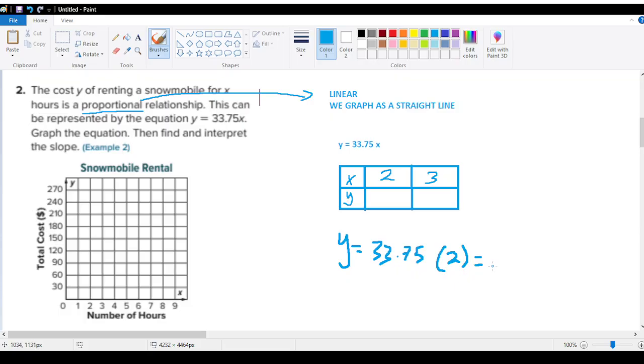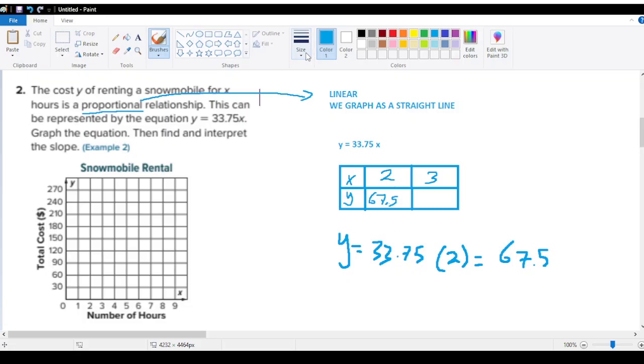I think it will be 67 point what? Point 5. Okay, let's write it: 67.5. This is what we get if we replace the x with 2.